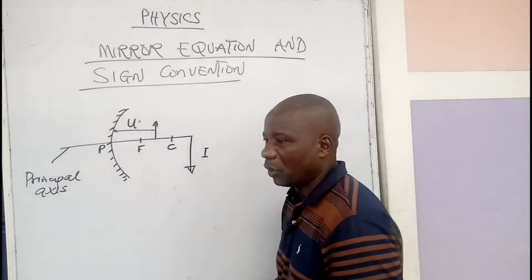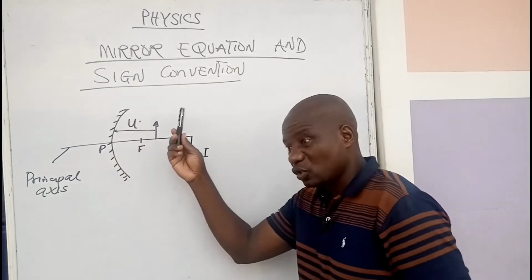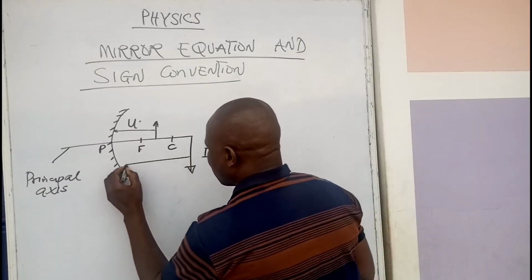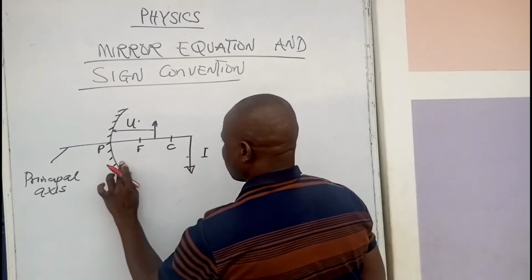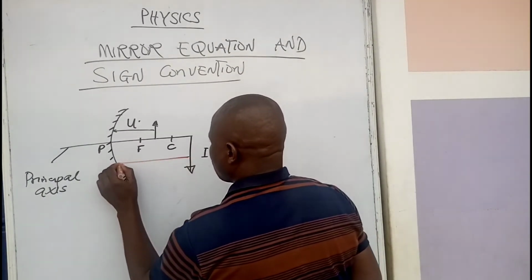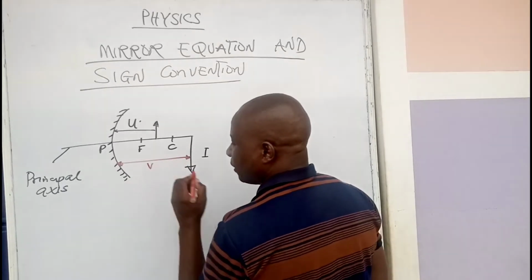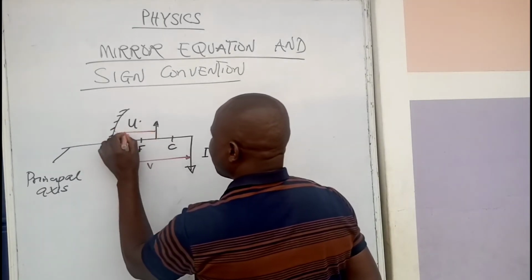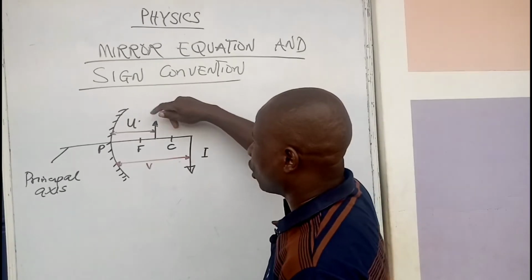U stands for object distance. The distance from the image to the mirror is our V, while from the object to the mirror is our U, because this is our object distance.